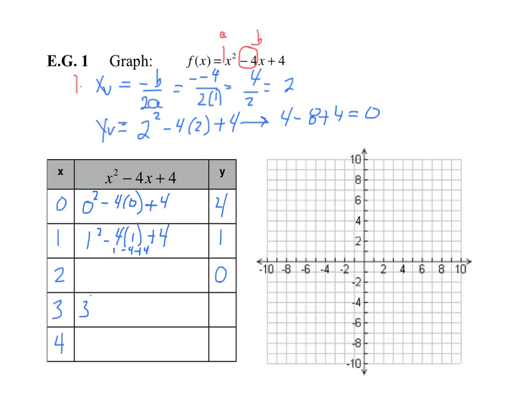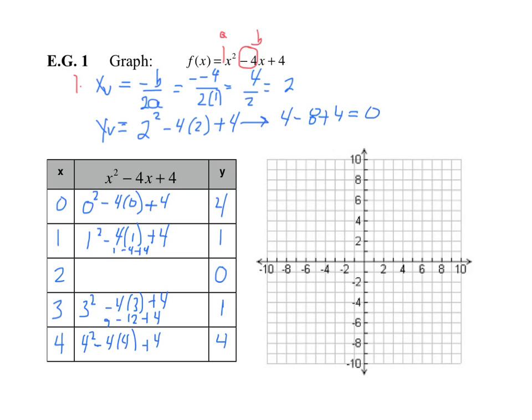Substitute 3: 3 squared minus 4 times 3 plus 4 is 9 minus 12 plus 4, which is the same as saying 13 minus 12 is 1. And then 4 squared minus 4 times 4 plus 4 is going to give us a y value of 4.